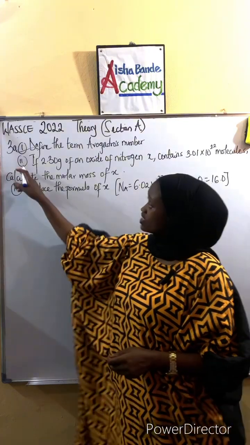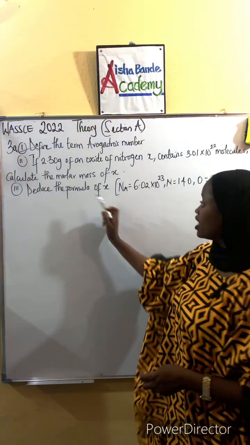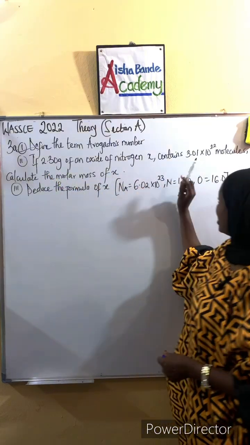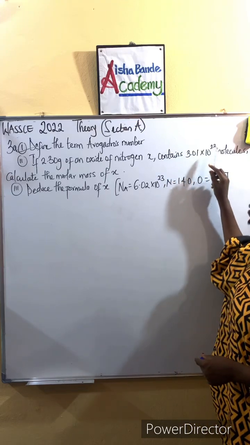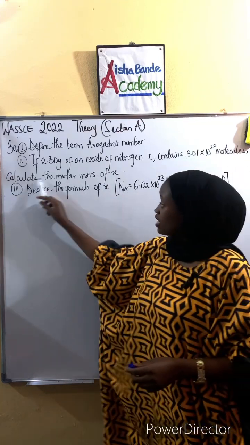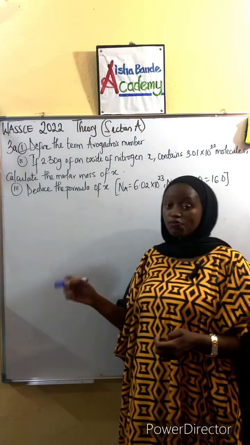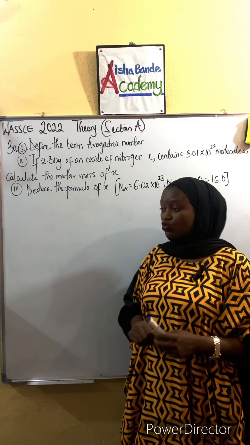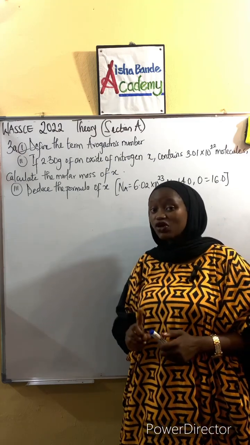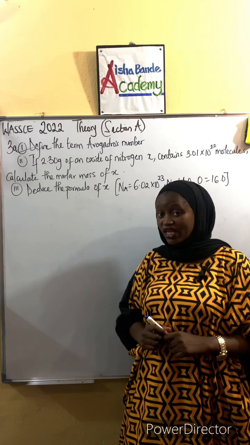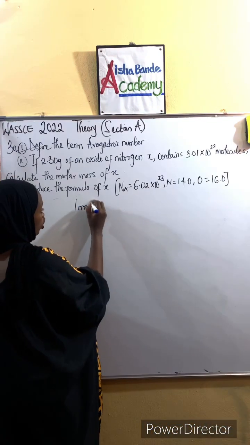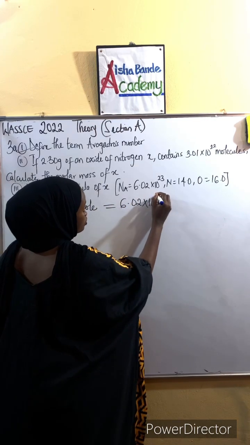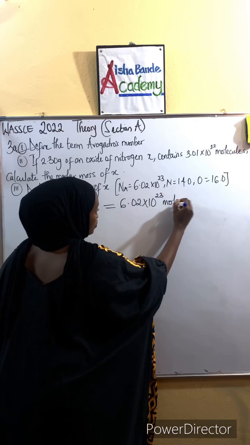So moving on, the second question has a calculation aspect. If 2.30 grams of an oxide of nitrogen X contains 3.01 times 10 raised to the power of 22 molecules, we are asked to calculate the molar mass of X. Before we begin solving this, we need to know that 1 mole of a substance contains 6.02 times 10 raised to the power of 23 molecules, okay?